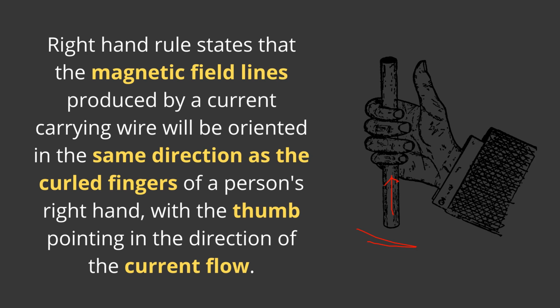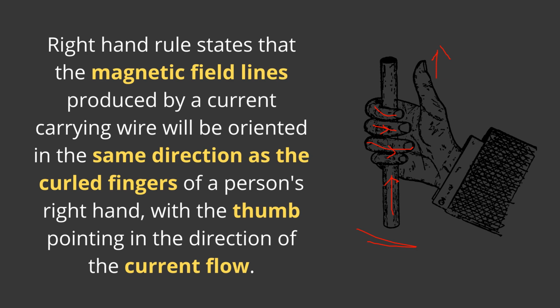Your fingers will represent your magnetic field lines, and your thumb will be pointing in the direction of your current. So that is the right hand rule.